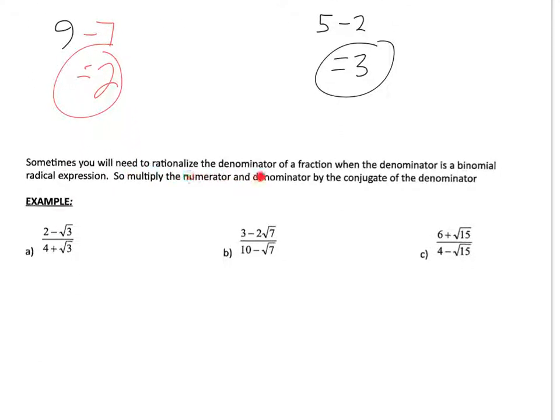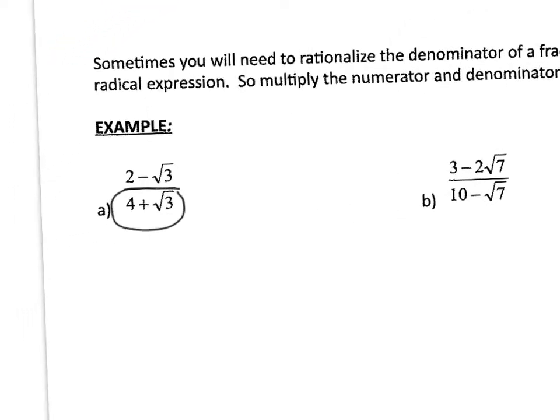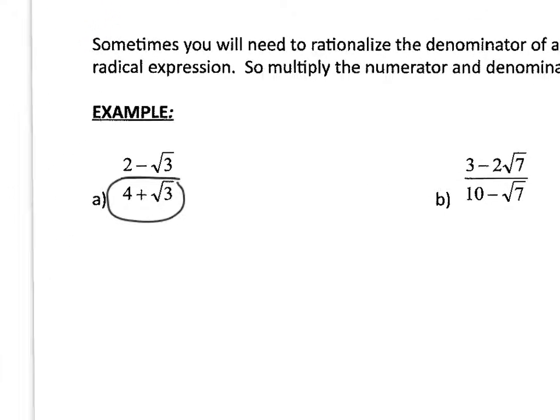Sometimes you need to rationalize the denominator of a fraction when the denominator is a binomial radical expression. So we're going to multiply by the conjugate of the denominator, this is why conjugates come into play. So the conjugate of 4 plus root 3 is 4 minus root 3. Technically, we're multiplying this fraction by a value of 1, but it's just changing the looks of it, simplifying it because there's a radical in the denominator.